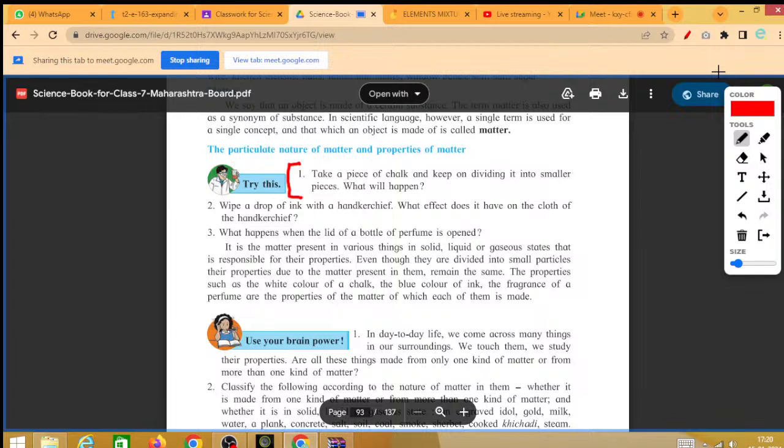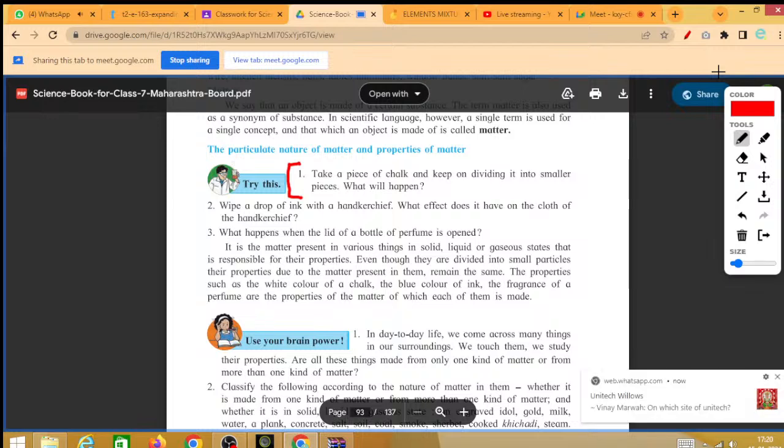Yes, Harshal, your turn. What happens when the lid of a bottle of perfume is open? Ma'am, the smell will go. Where will it go? Mix into air. Although inside it is a liquid, as soon as you open it, it is volatile.